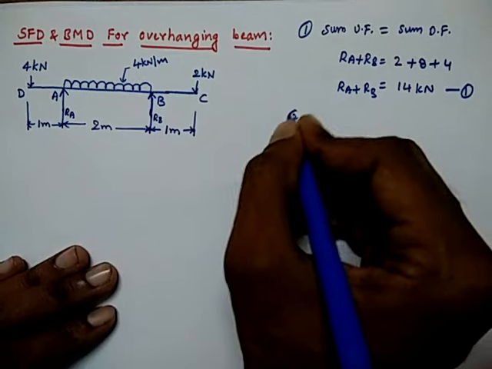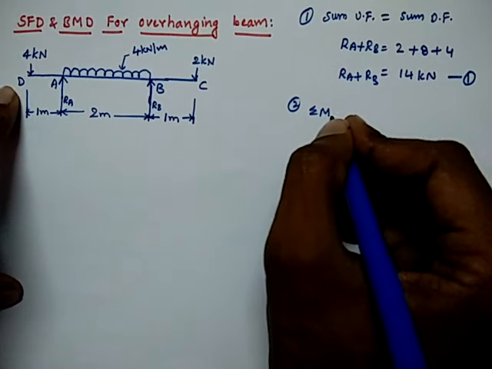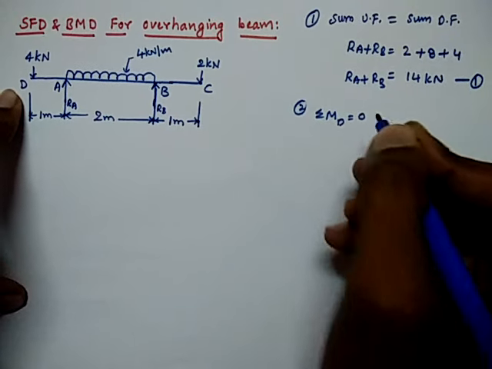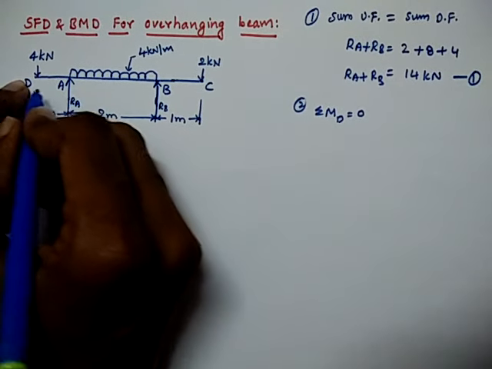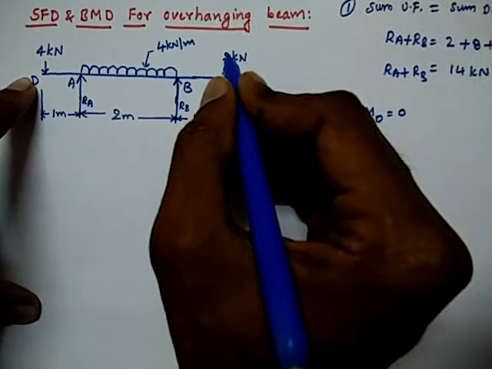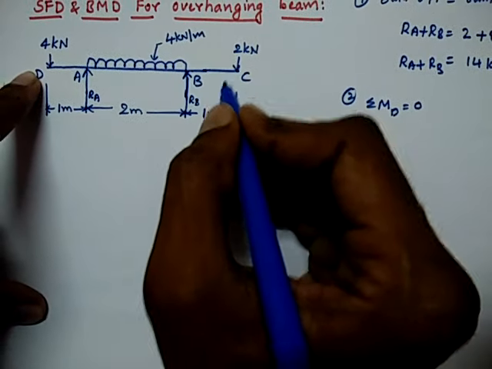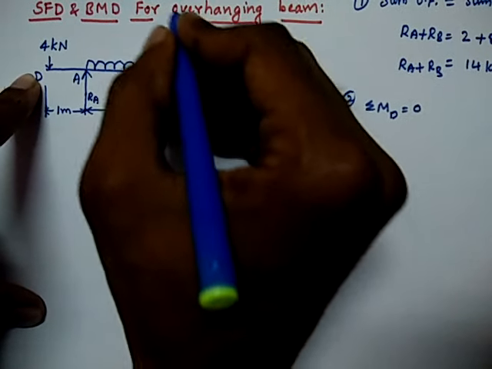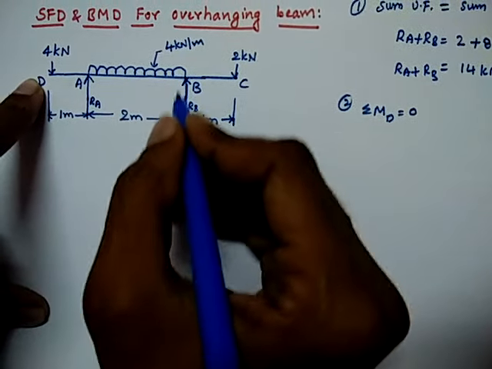Next condition, the sum of moments about any point should be 0. Let us take the sum of moments about D to be 0 to keep the beam in equilibrium. I am taking the moments created by clockwise forces as negative, or hogging moment negative, and the moments created by anti-clockwise forces about D as positive, or sagging moment positive.